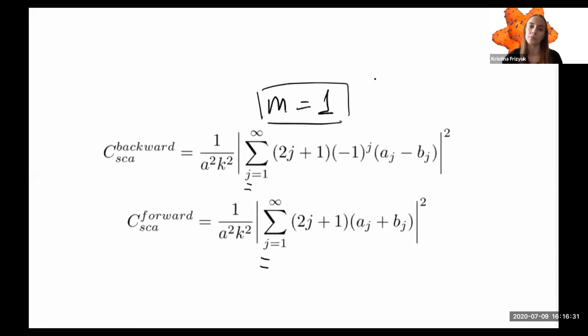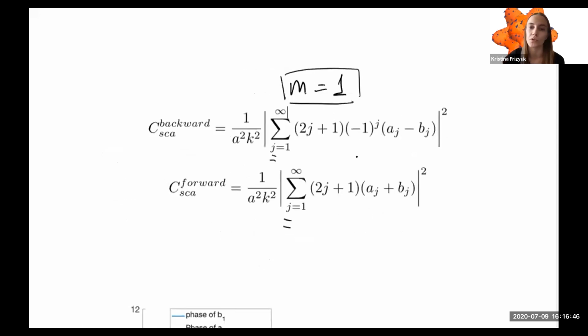That's important. Backward scattering is proportional to the difference of these coefficients and forward scattering to the sum. Of course, if they're in phase, for example in the dipolar case, then you can consider only dipoles, and they're just in phase because all the coefficients are complex.